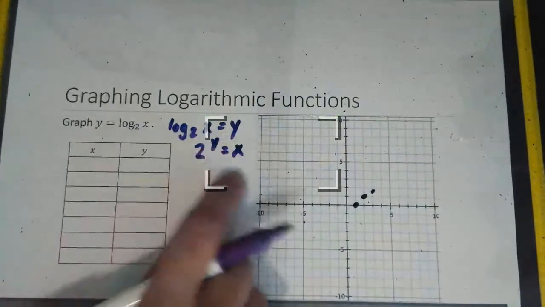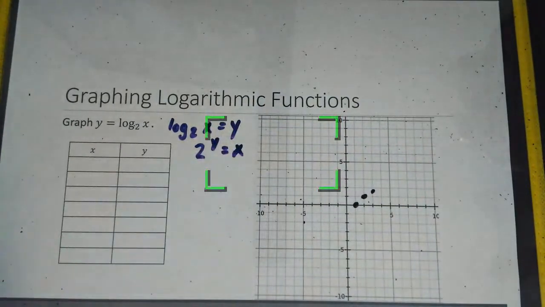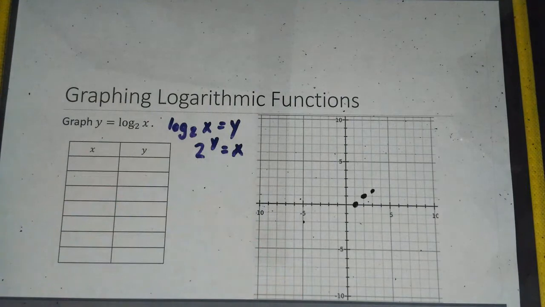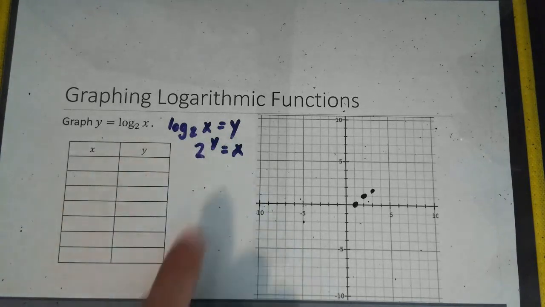If I can graph this equation, then I'll be graphing the same thing. Looking at this equation, is it going to be easier for me to pick x values and solve for y? Or is it going to be easier for me to pick y values and solve for x? I think it's going to be easier if I pick some y values and solve for x because I just have to take 2 raised to that power.